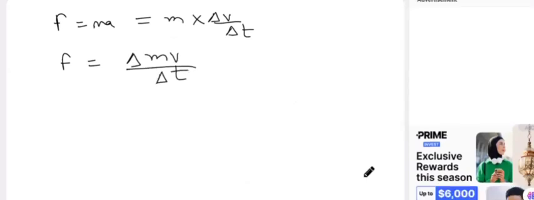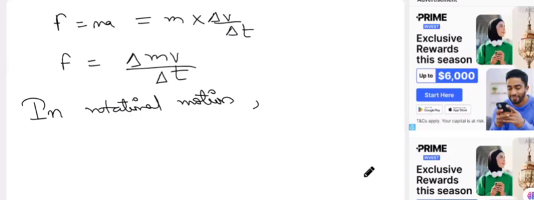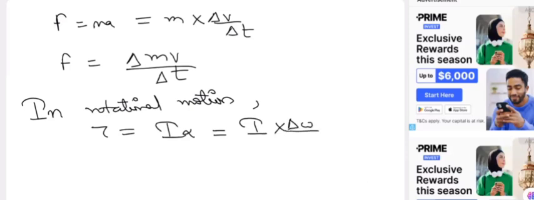Similarly, in rotational motion also, if my torque is equal to I alpha, this can be rewritten as I into delta omega over delta t. Just check the equations.